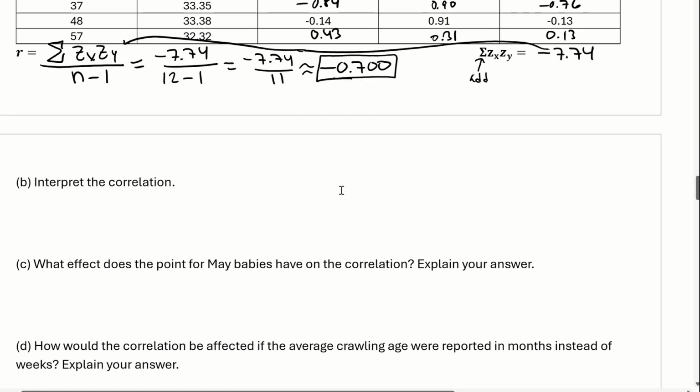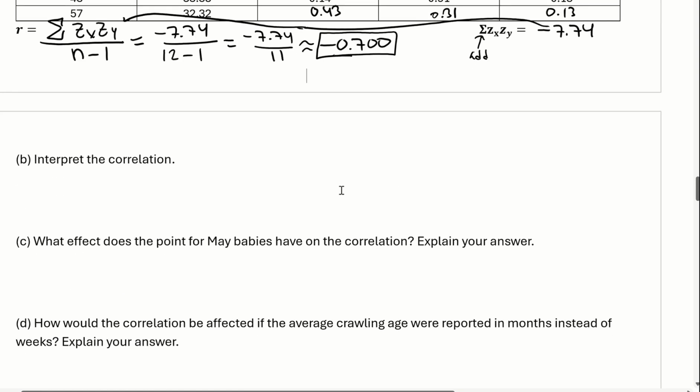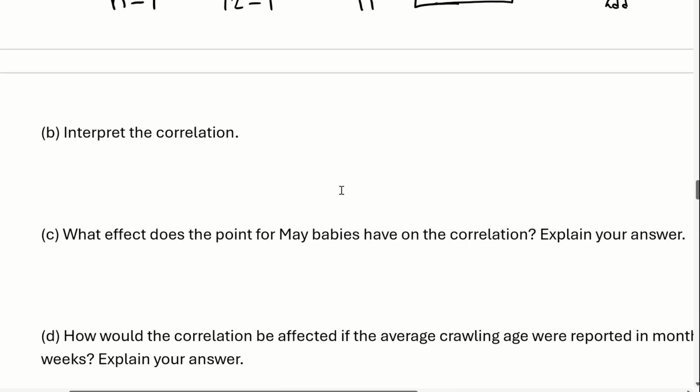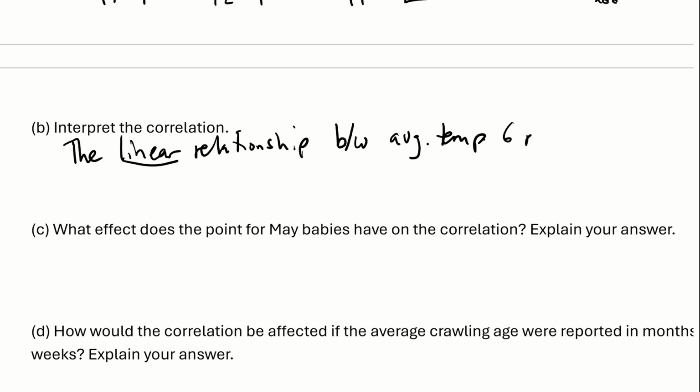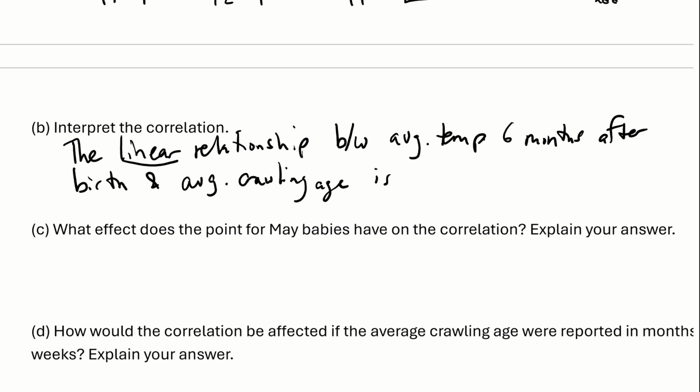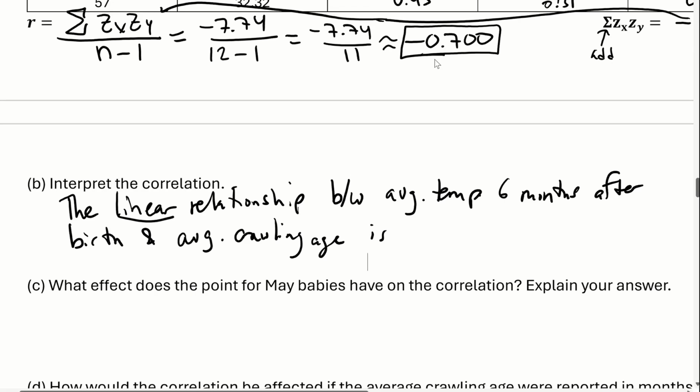All right, now we want to interpret it. Let's interpret the correlation. Correlation means linear relationship. So to interpret, we have to say the linear relationship, keyword linear, between the average temperature 6 months after birth and the average crawling age is, so negative 0.7 is pretty decently strong.